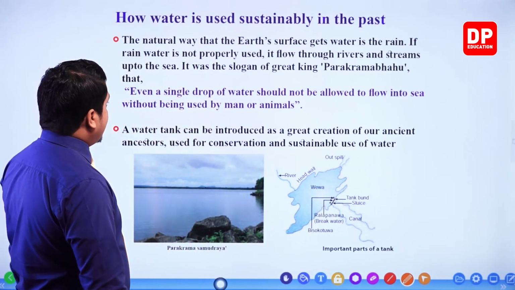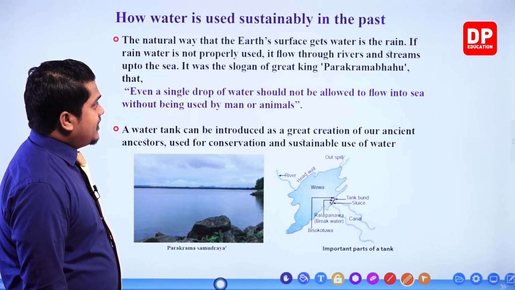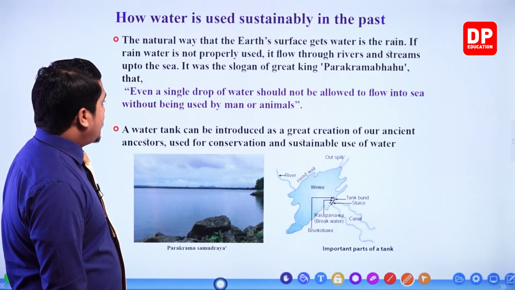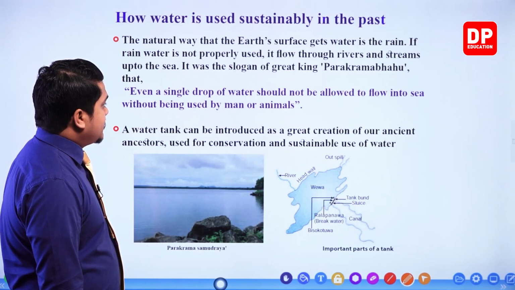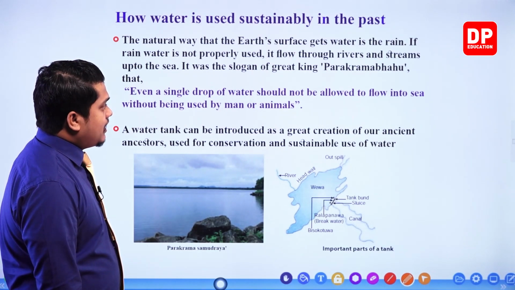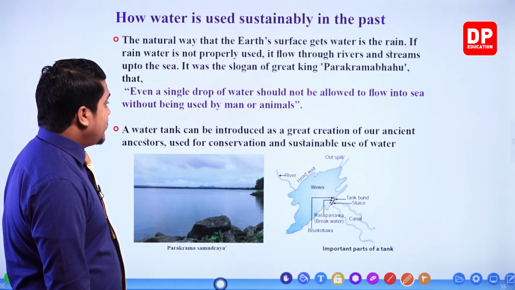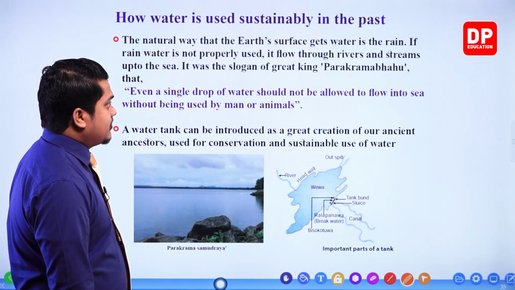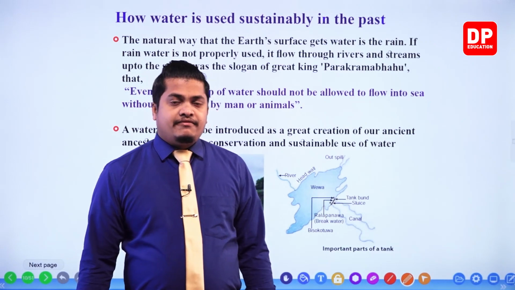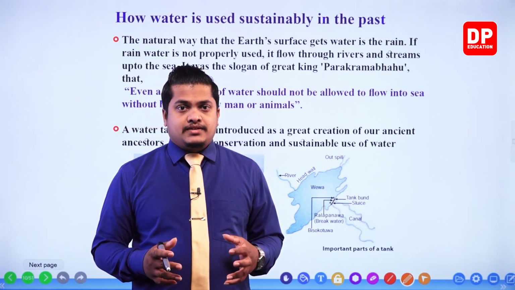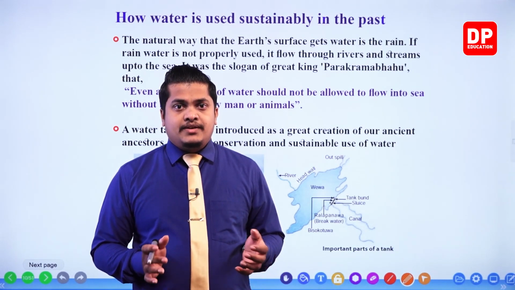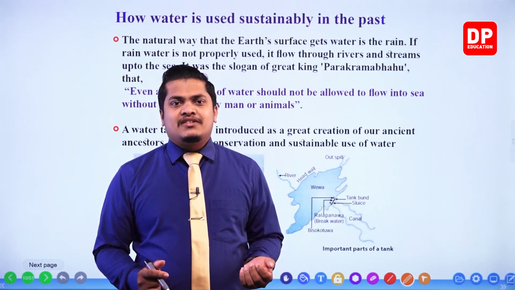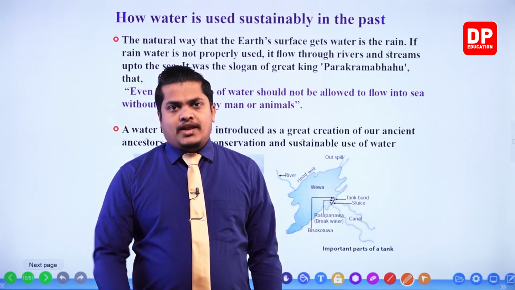Then, if rainwater is not properly used, it flows through rivers and streams up to the sea. It was the slogan of great King Parakramabahu that even a single drop of water should not be allowed to flow into the sea without being used by man or animals. So you know that if we don't utilize rainwater, my dear children, in a proper manner, if we don't conserve rainwater properly, then what will happen?